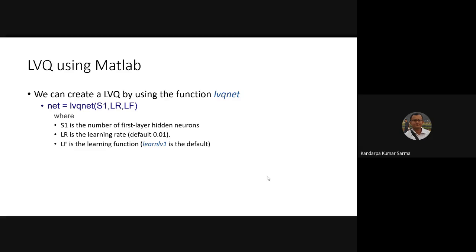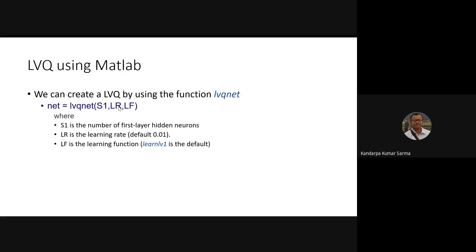Now, in case of MATLAB, we can create a learning vector quantization network by the use of the function LVQ net. So here is the function. There are three parameters to be passed. The first parameter shall denote the number of first layer hidden neurons.